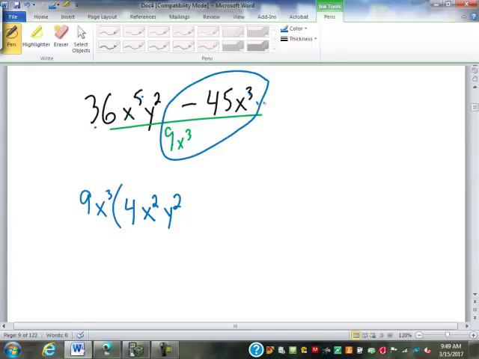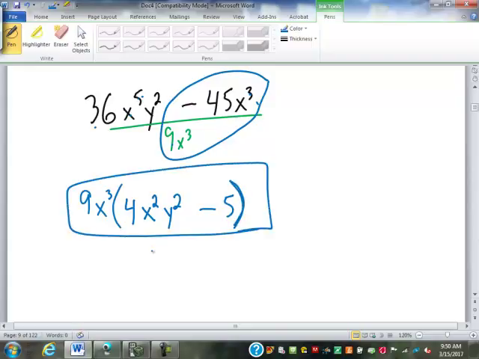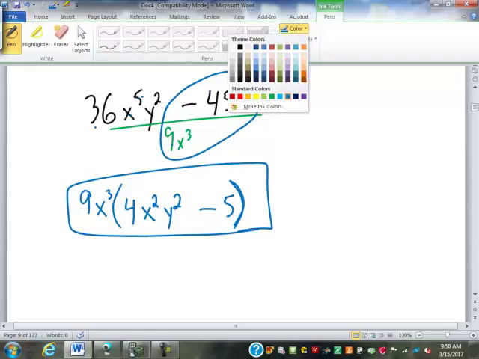Negative 45x to the third divided by 9x to the third. Negative 45 divided by 9, negative 5, and x to the third divided by x to the third cancels out. So there we go. That factors to be 9x to the third times (4x squared y squared minus 5).